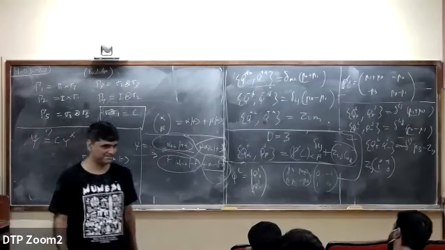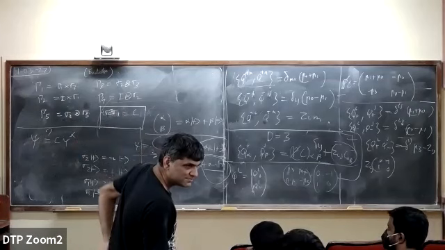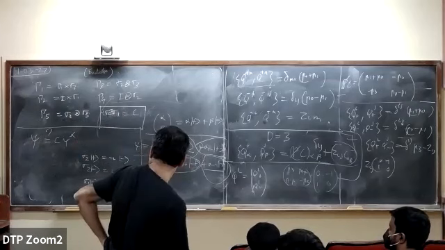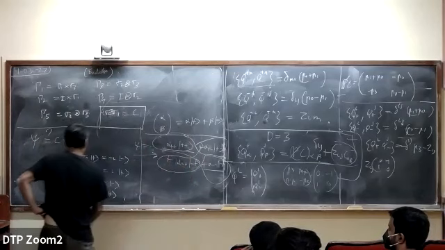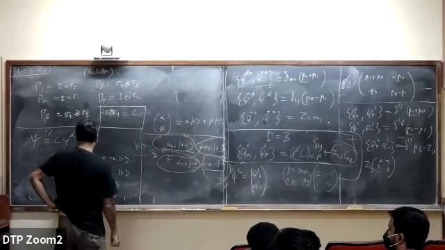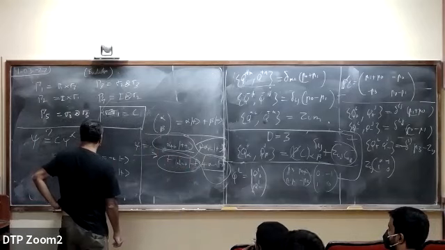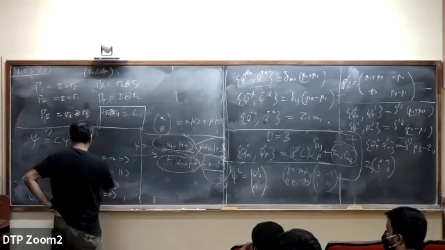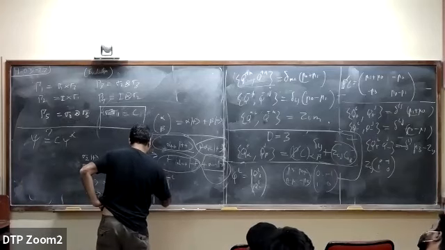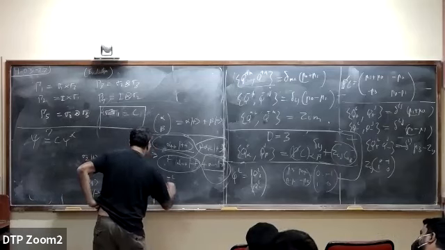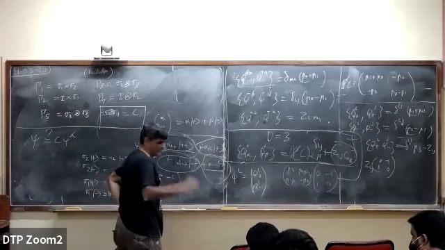This is clear, right? Sigma 2 plus is, sorry, 0 minus I 0. You're right. Thank you.